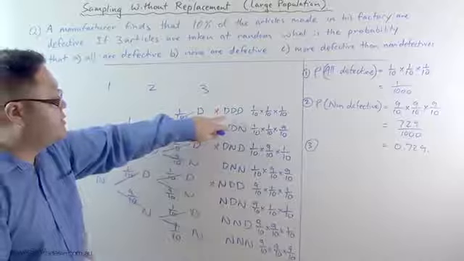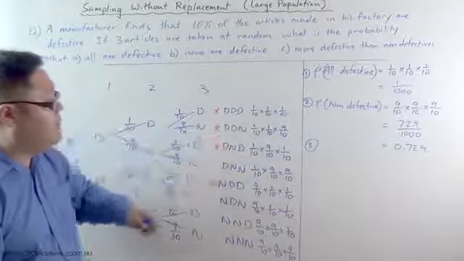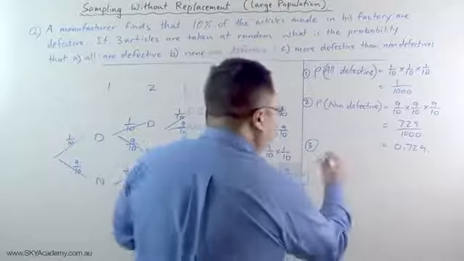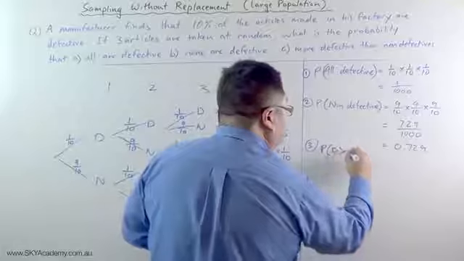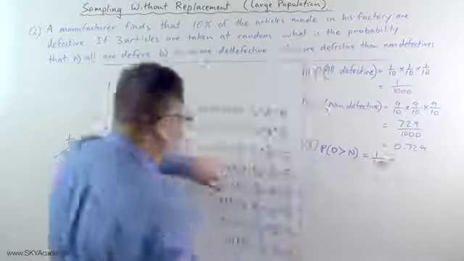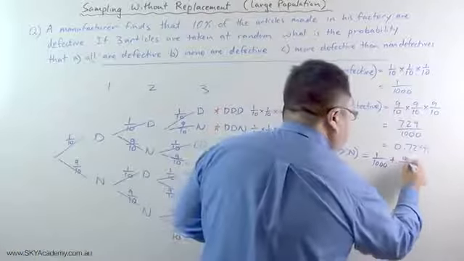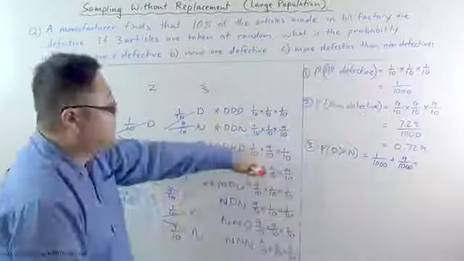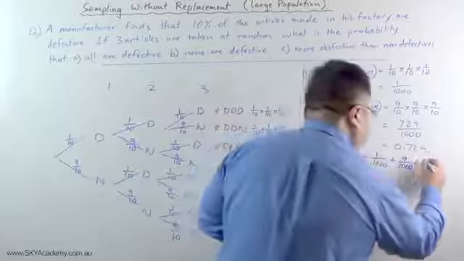All right. So we've got to add up the probability of that, and that. Okay. So the probability where defective is greater than non-defective will be 1 out of 1,000 plus 1 times 1 times another 9 is 9 out of 1,000 plus 1 times 9 times 1 is 9 out of 1,000.